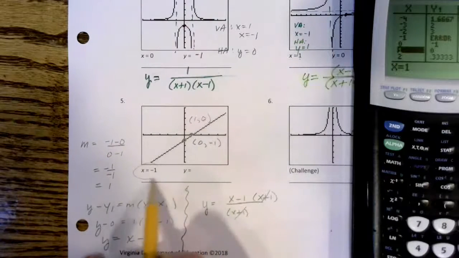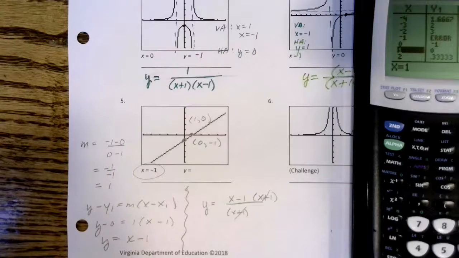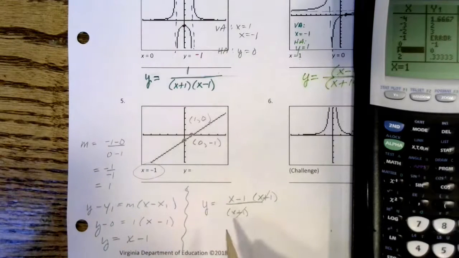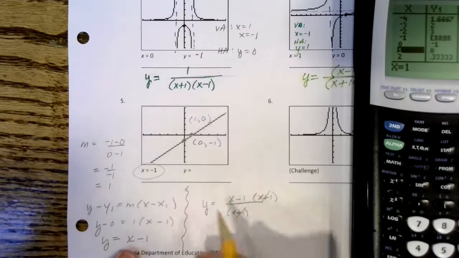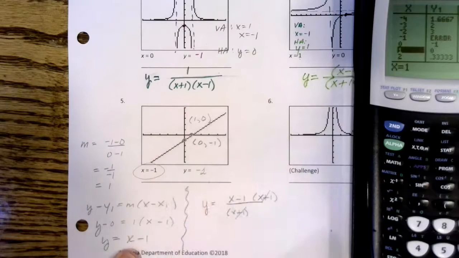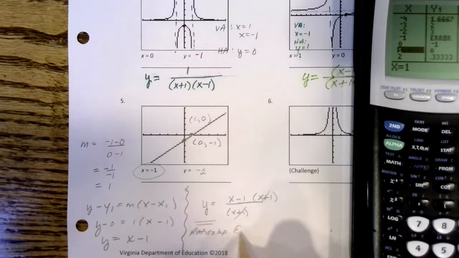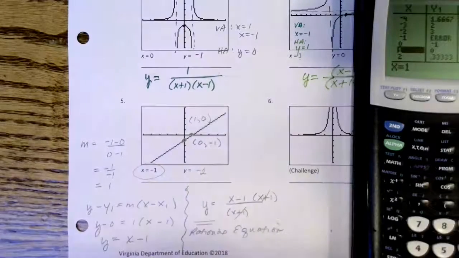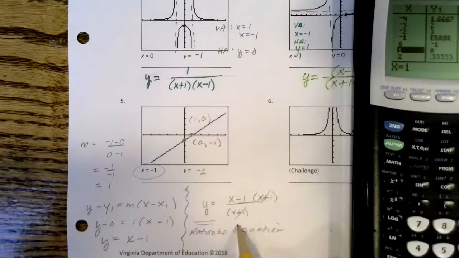The reason I'm curious about this one is because if I have a -1 value for x, this tells us that y is equal to -2. But if I'm talking about a rational equation, maybe this is one of those ones with the holes. Maybe this is one of those ones where this -1 makes it undefined.